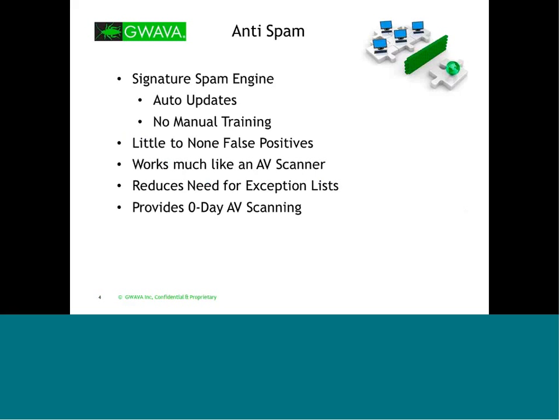It works a little bit like an AV scanner. So with the SMTP scanner, for almost all organizations, there's really no need for an exception list. That is for most organizations. So provide a zero-day antivirus solution scanning.